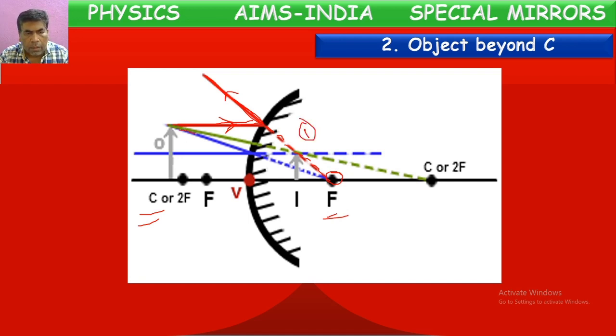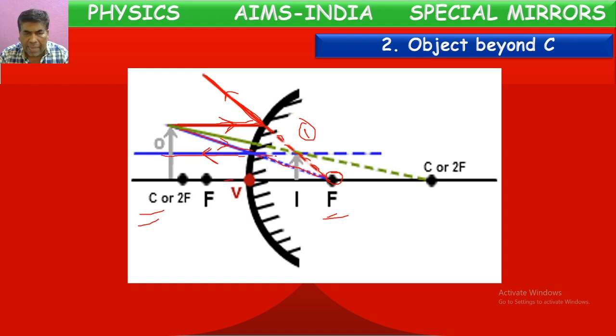Second, the ray passing through the focus. Is it really passing through the focus? No, it only appears to be passing through the focus, because the focus is inside the mirror and the ray is outside the mirror. The ray that appears to pass through the focus, after reflection travels parallel to the principal axis.